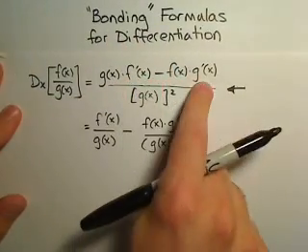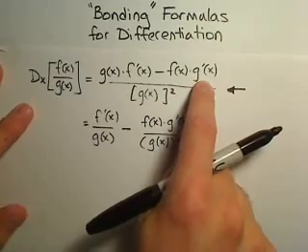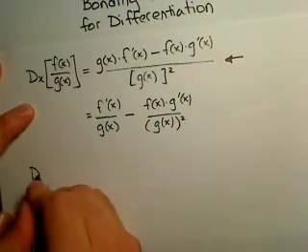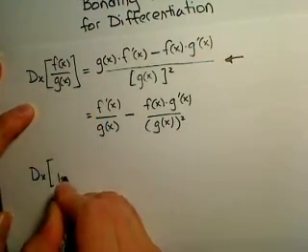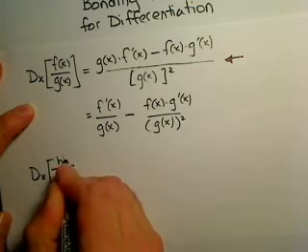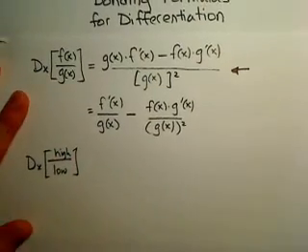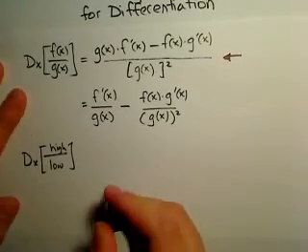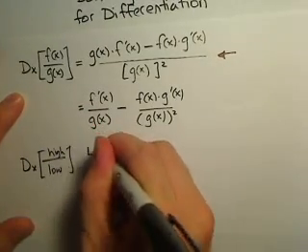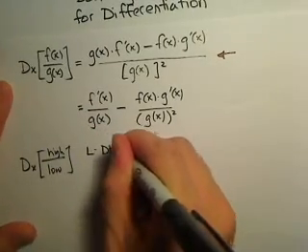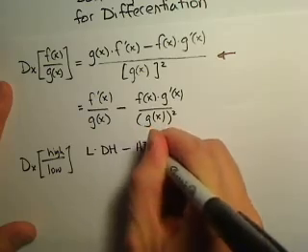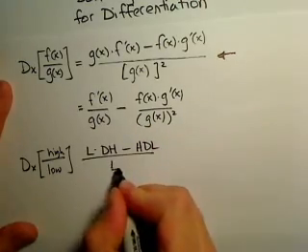I mentioned how the order matters. There is one way of doing it where you think of this as the derivative of low and high, or just L and H, which I'm going to use, where there is low d high minus high d low all over low.